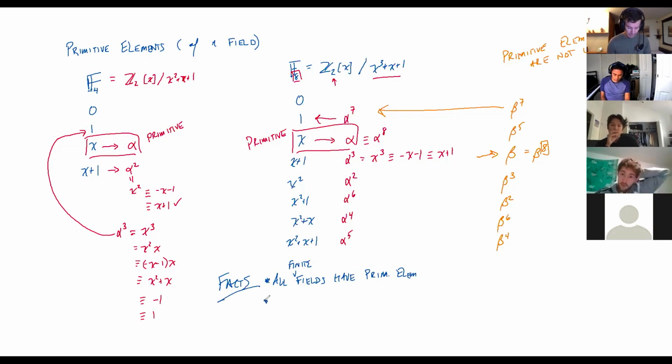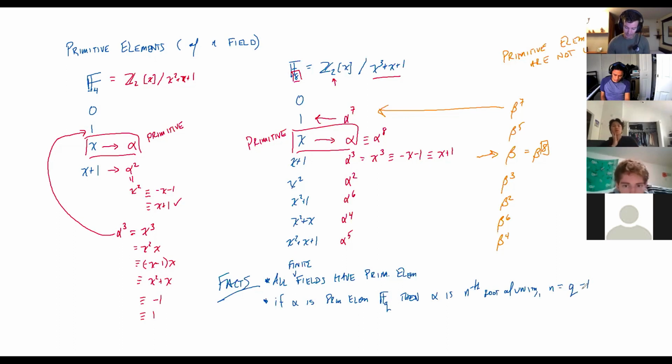And if alpha is a primitive element of the field of size q, then we also call alpha the nth root of unity. Alpha is the nth root of unity, where n is one less than the field size.